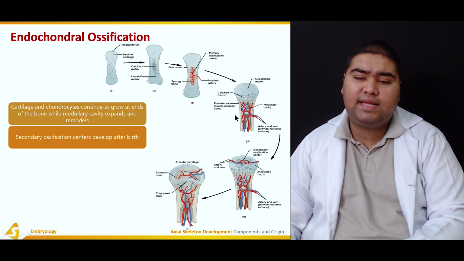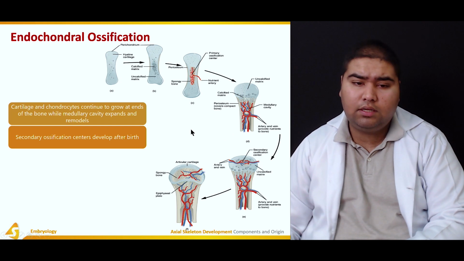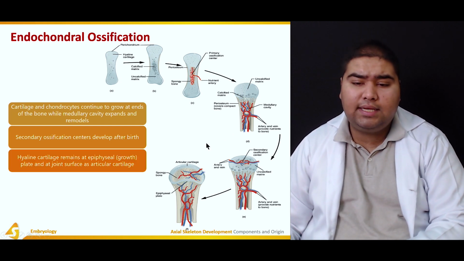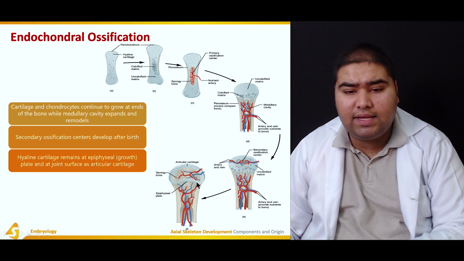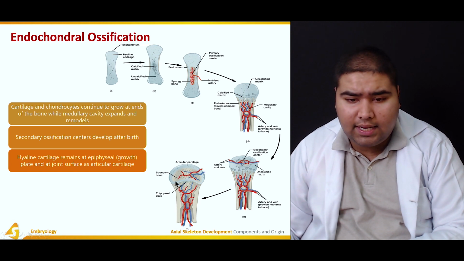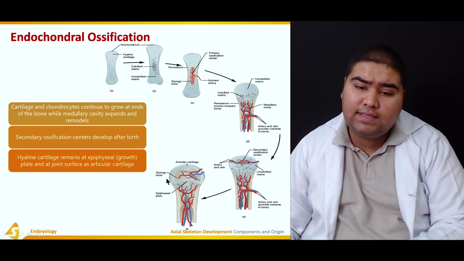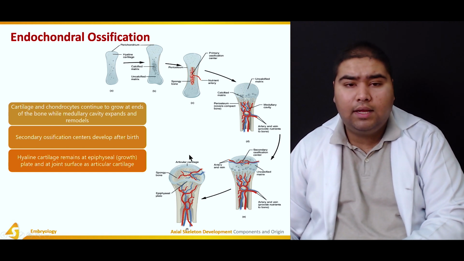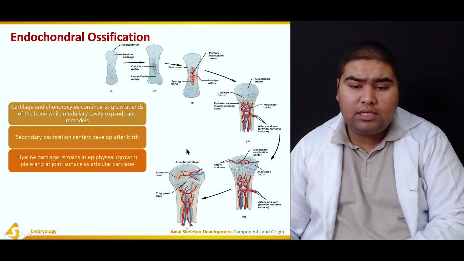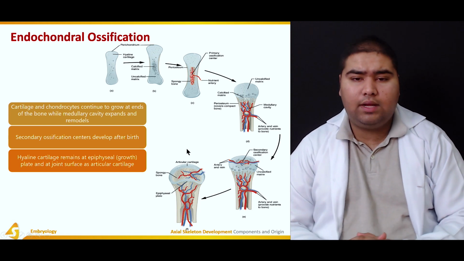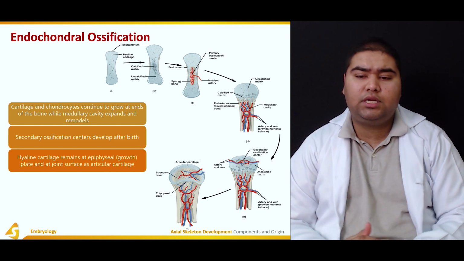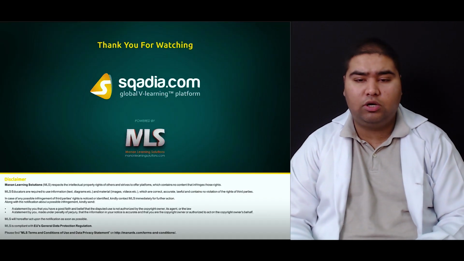Secondary ossification centers are formed after birth. Hyaline cartilage remains at the epiphyseal growth plate and at the joint surface as the articular cartilage. In this way, a cartilaginous model is converted into an adult bone model.